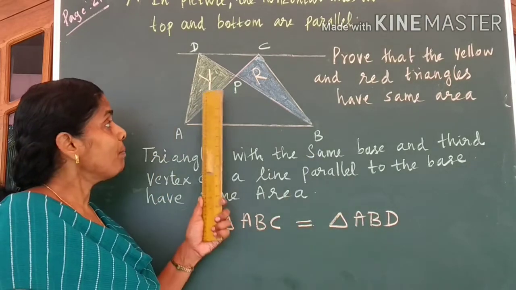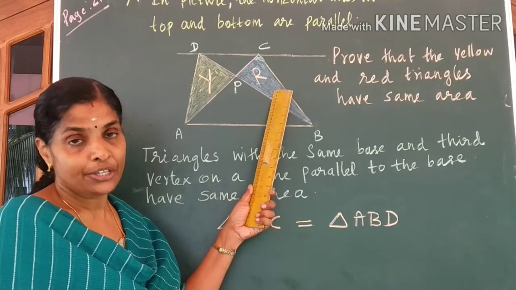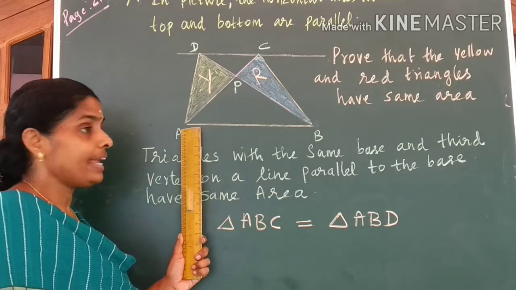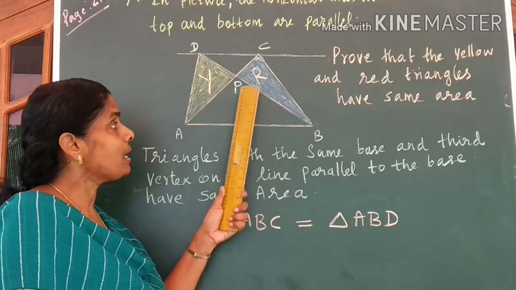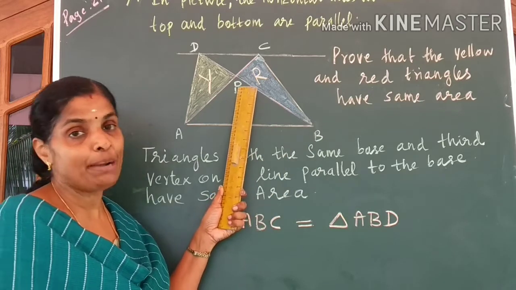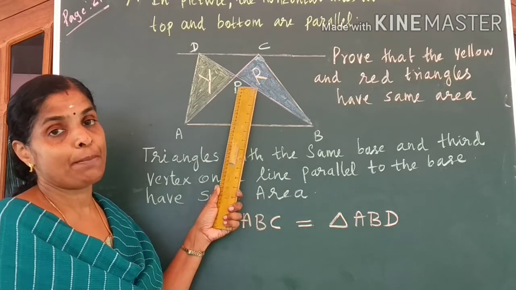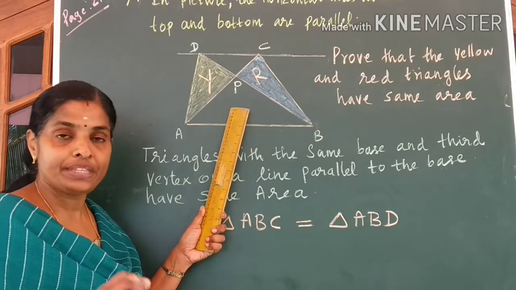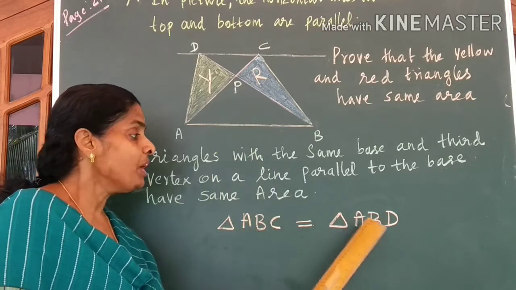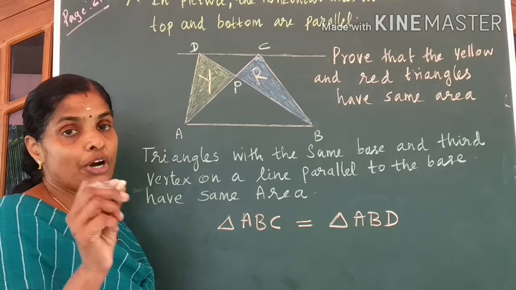Now in both these triangles, you can understand triangle APB is the common portion. So if I subtract the area of this common portion from both these triangles, what do you get?